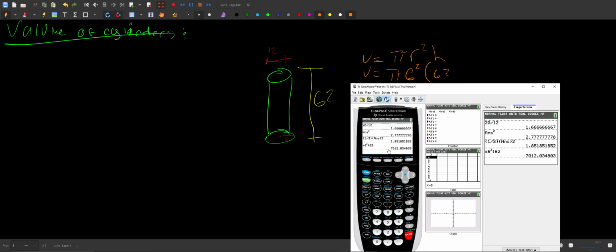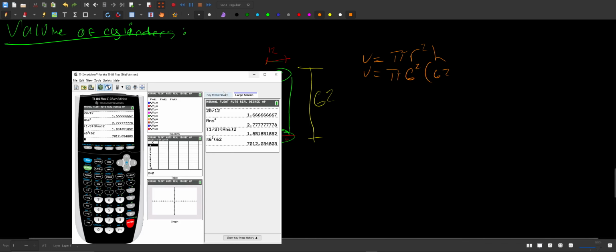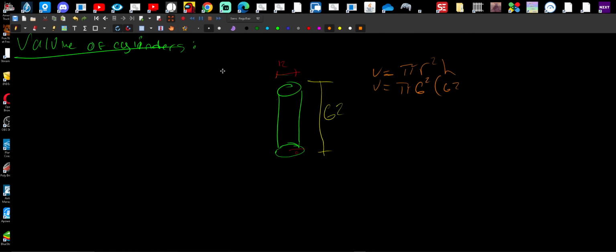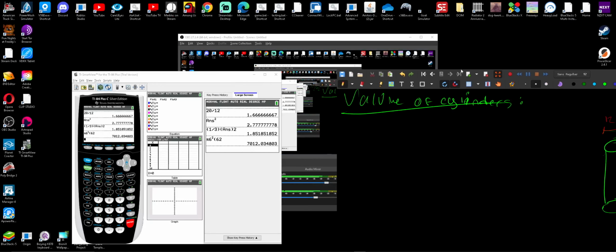Enter, and here is our volume of the cylinder. So let's say this is in inches.